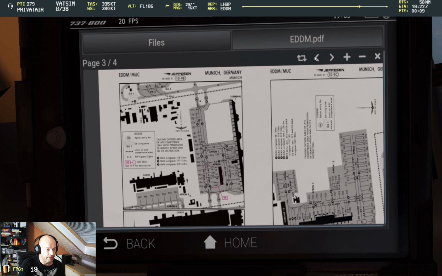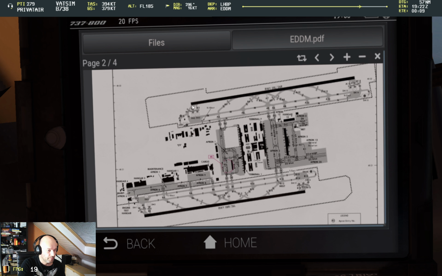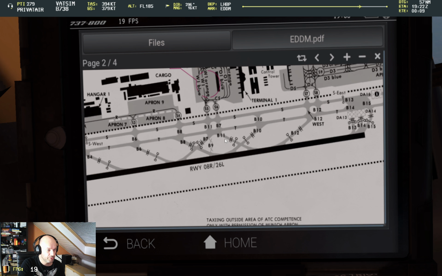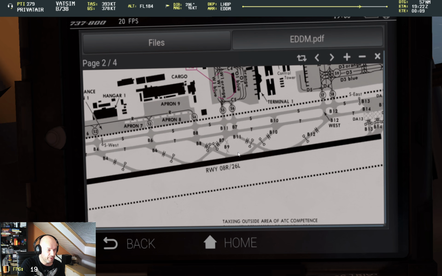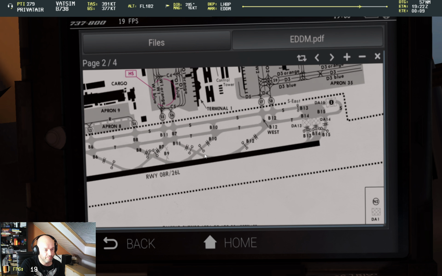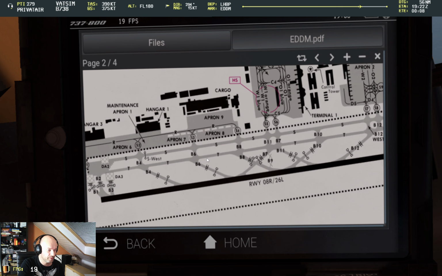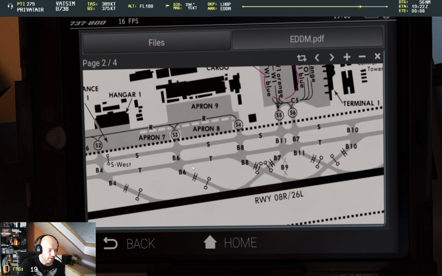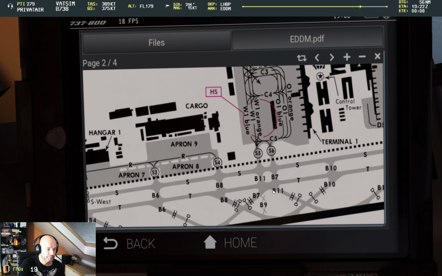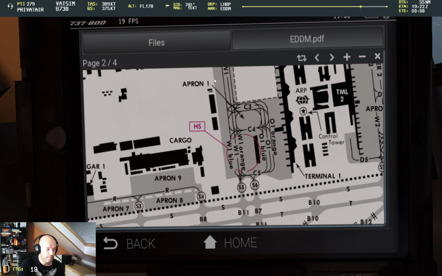So after landing, we're going to land 26 left and probably vacate via Bravo 8 or Bravo 6 or Bravo 11, but no, Bravo 11 no way. Bravo 8 if we're lucky, and otherwise Bravo 6, and then normally via Sierra, and I guess they will park us here on apron 1.